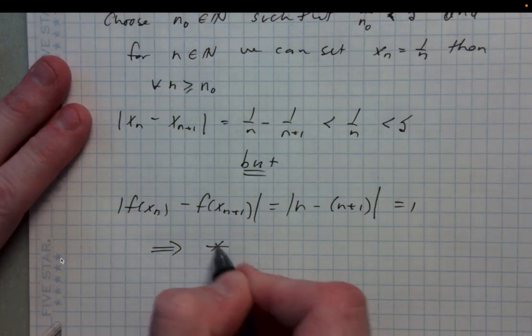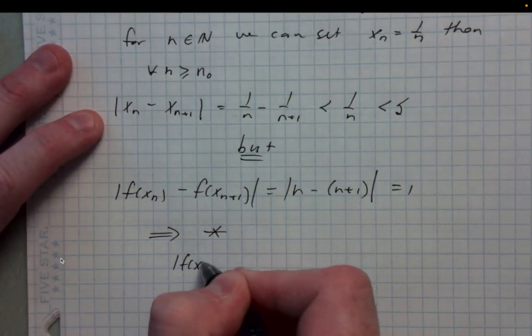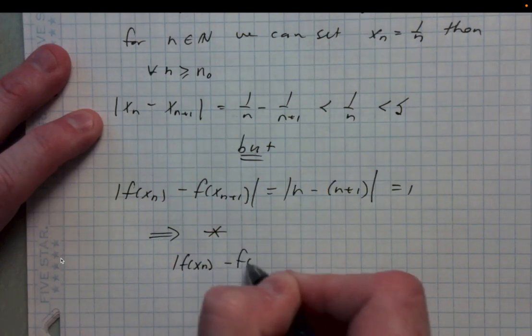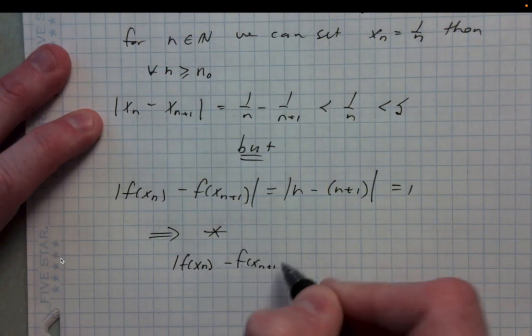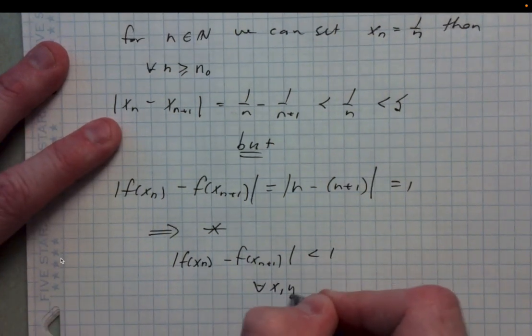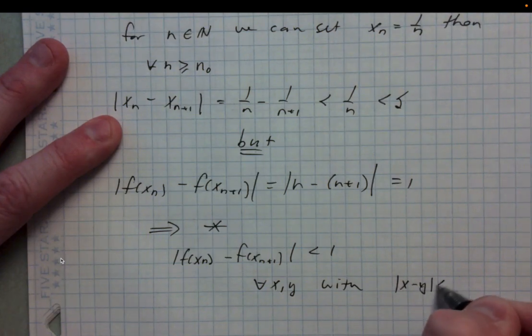This implies a contradiction because f(x sub n) minus f(x sub n plus 1) needs to be less than 1 for all x, y within delta.